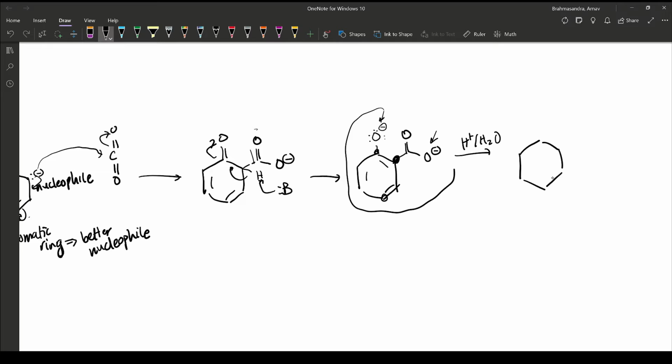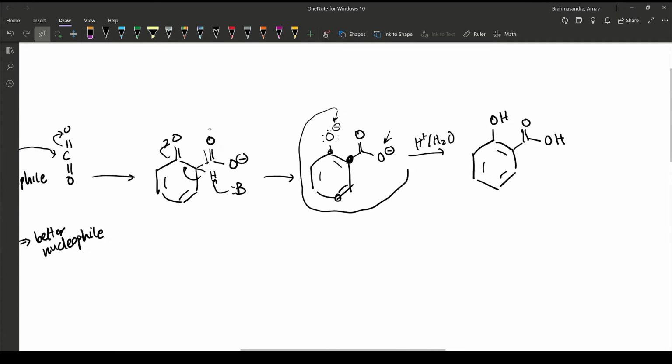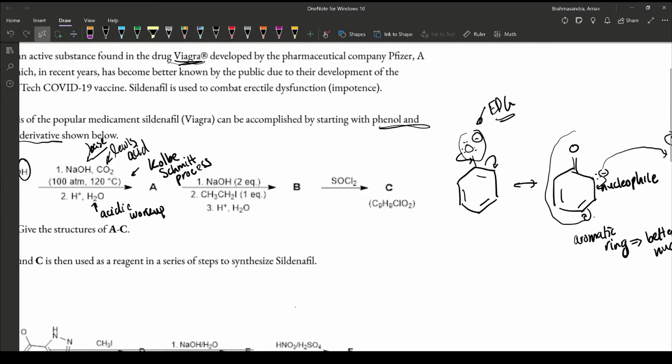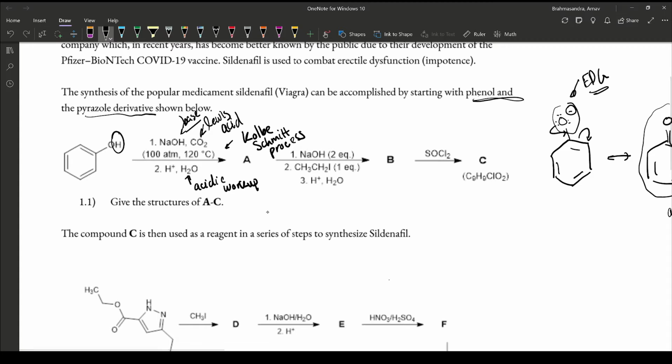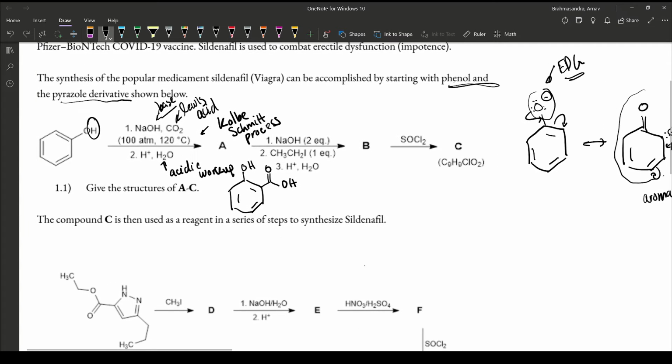And so we're going to get back our OH group, and we're also going to get a carboxylic acid group like that. So that's what A is. Our structure of A is our benzene ring, our aromatic ring with the OH group and also the carboxylic acid group.